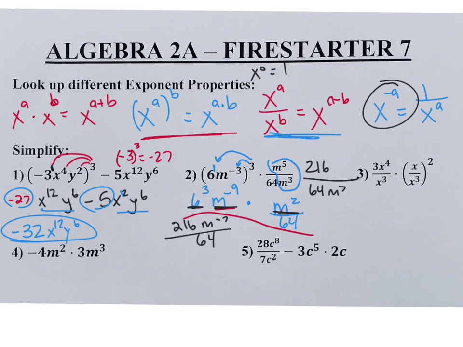If you're not sure how to simplify the fraction, you could divide both sides by 8, right? I'm going to get 27 over 8. So the absolute best answer for number 3 is 27 all over 8 m to the 7th. Okay, that's it for number 3.